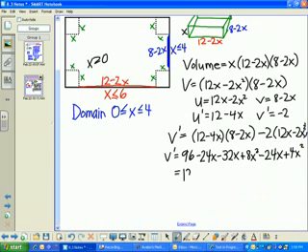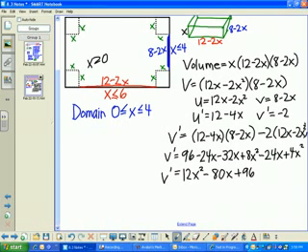And then collect like terms. So I have an expression for the derivative.